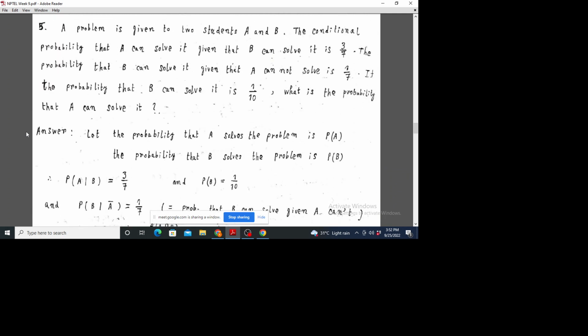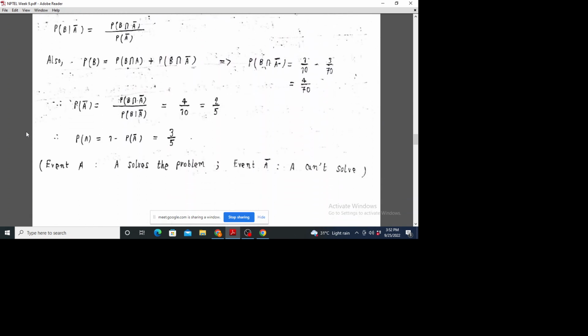That is the complement of this event, given by 1 minus P(A bar). So the final answer is this: 3 by 5 is the final answer. So you see, you just have to analyze the logic, nothing more, and most importantly, understand what is the conditional probability and what is not.